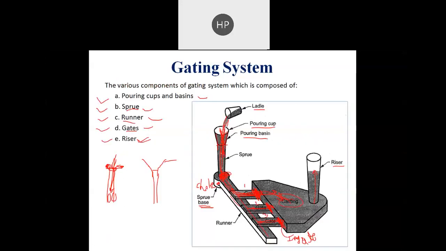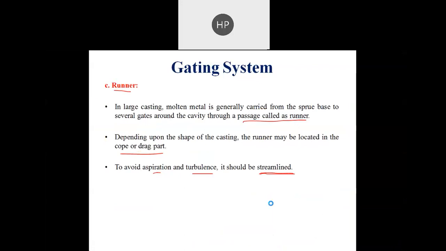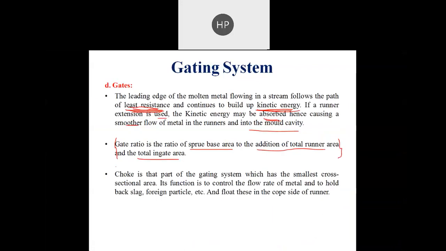Total runner area means this, and this is the total ingate area. Okay, and the ratio of this with respect to this is called the gating ratio, and gating ratio is very important.